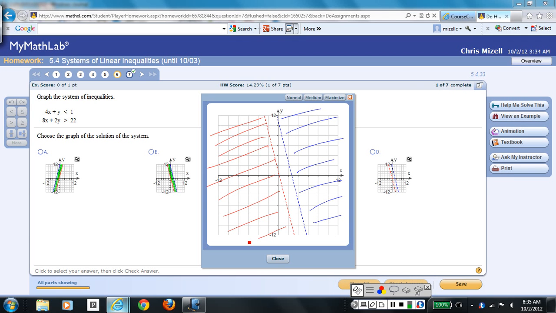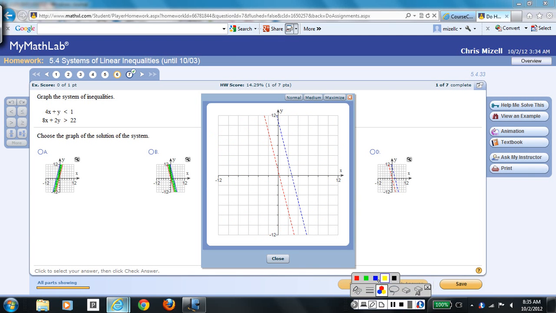There are a couple other cases, but let's consider kind of the antithesis of this one. Suppose we're checking, and we test blue, and it's this side of the line. And we test red, and it's this side of the line.